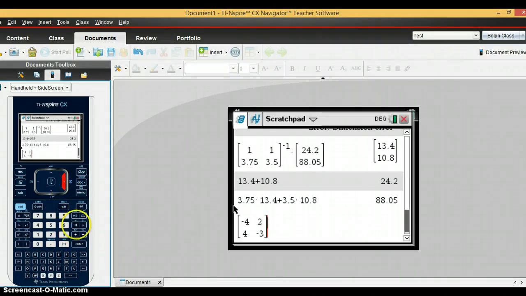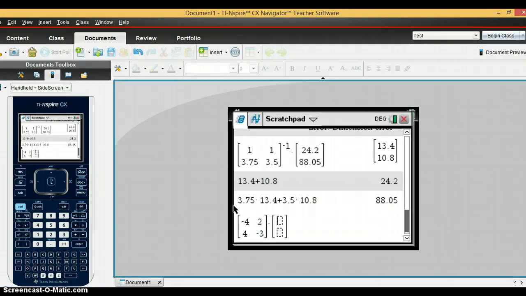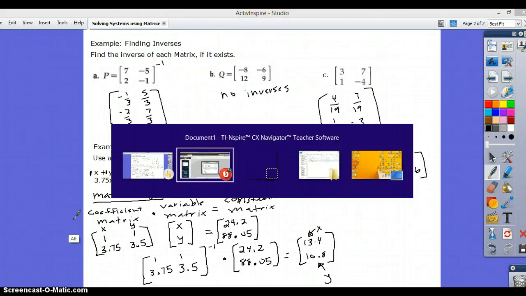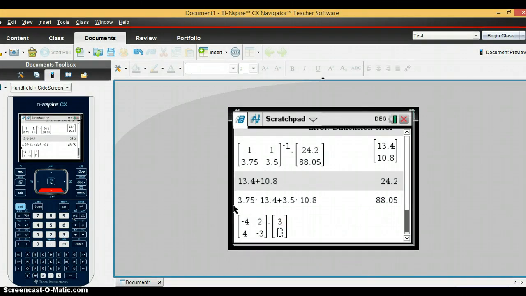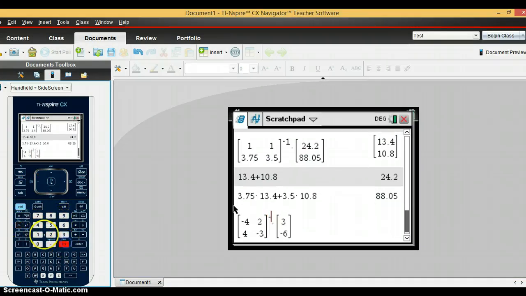We're going to multiply that by this one here, which is 3 and negative 6. Oh, I did forget something, didn't I? We've got to raise this to the negative 1. Don't forget that. It's the inverse of this one, raising it to the negative 1.